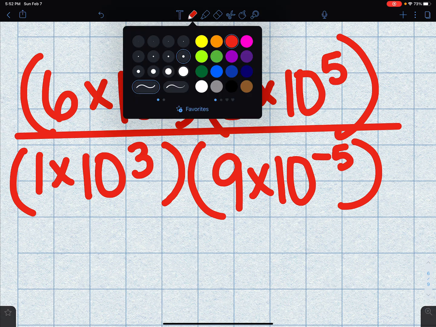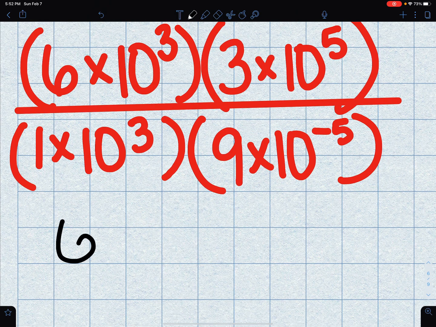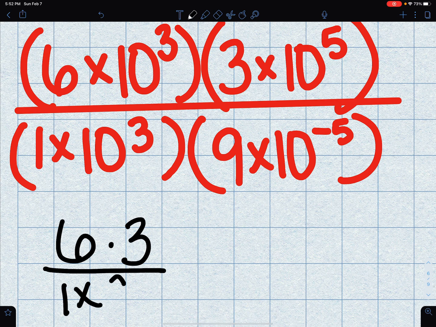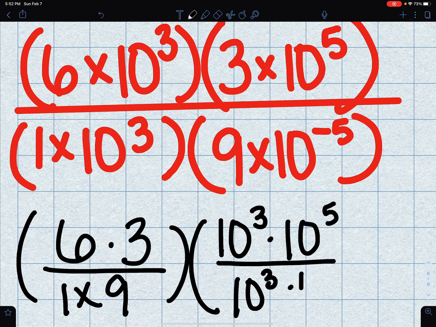Except it could be better if you just take out all those first numbers, because then you have 6 times 3 on top, 1 times 9 on the bottom. And then you have, whoops, I don't want to do that. I want to do all the 10s. 10 to the 3rd, 10 to the 5th on top, 10 to the 3rd on the bottom, and 10 to the minus 5 on the bottom.